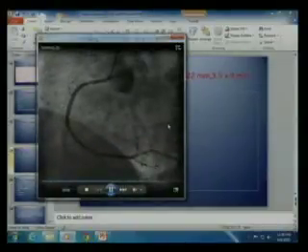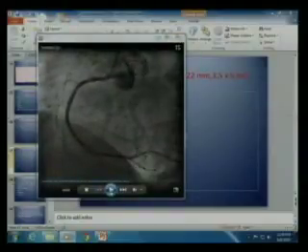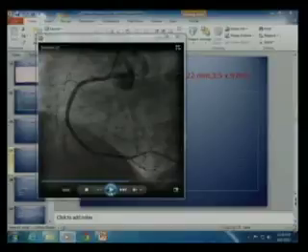This is the same right coronary artery in a different image. The lesion was here, so we put in a stent.